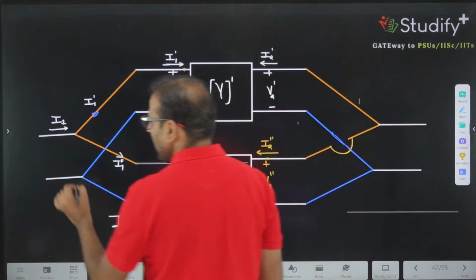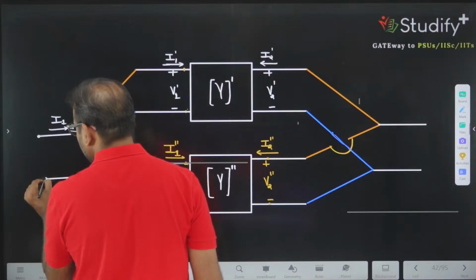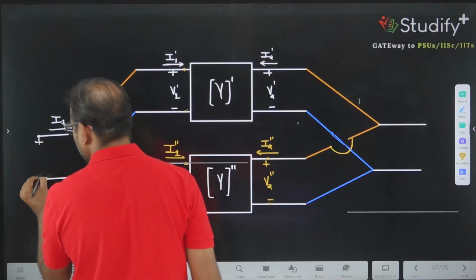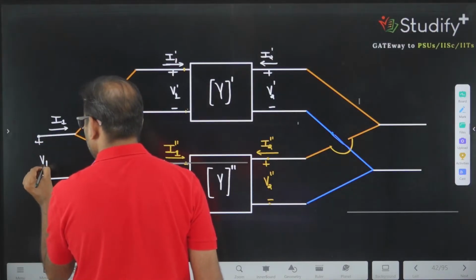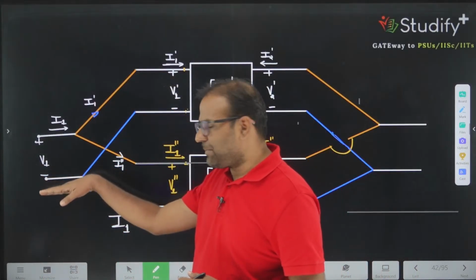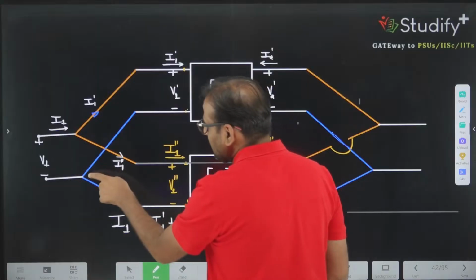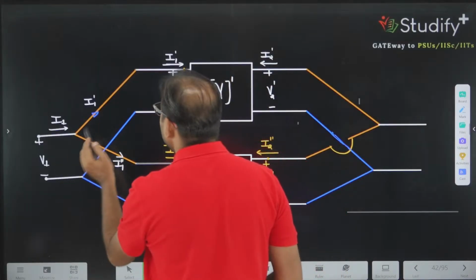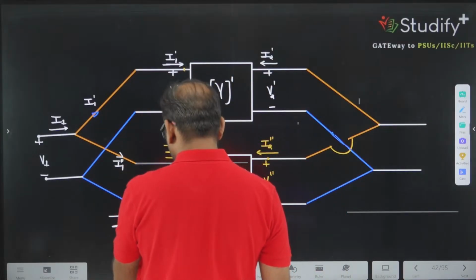And if I write this voltage as V1, because we are talking about the equivalent of this Y parameter, so can I say this Y, if I consider the bottom terminal as reference, so reference is connected to both the two ports, and V1 potential will appear here and V1 potential will appear here.